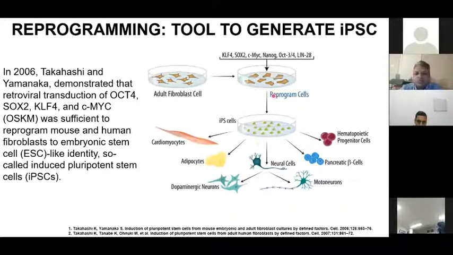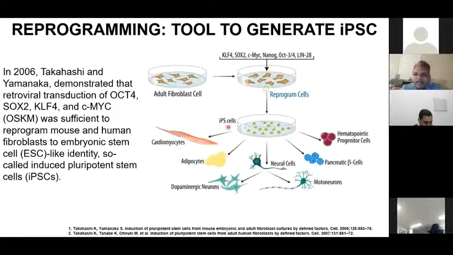So this picture shows these four or five different transcription factors that can be genetically introduced in these fibroblasts.